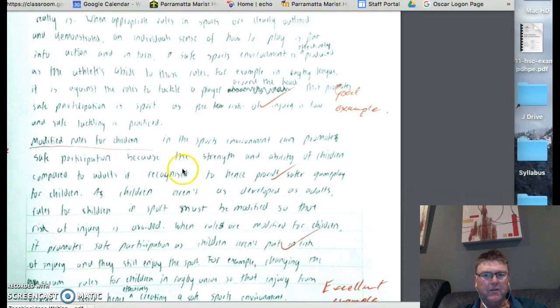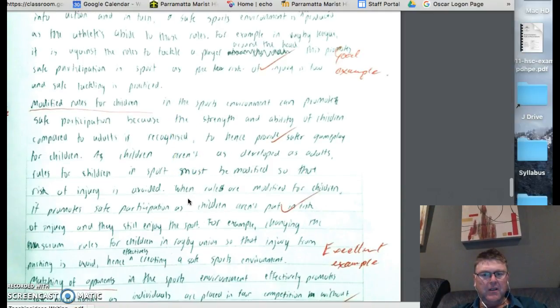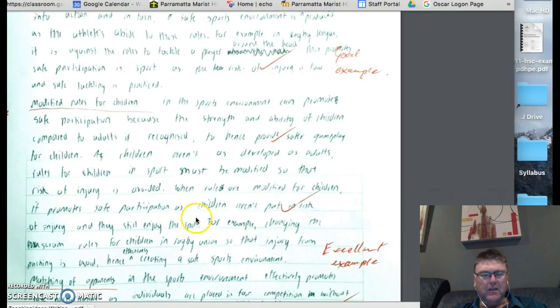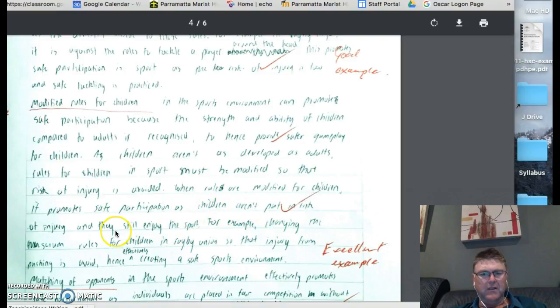If we find this one here with regard to modified rules for children, it promotes safe participation as children aren't put at risk of injury. They still enjoy the sport. For example, changing the scrum rules for children in rugby union so that injury from pushing is avoided, hence effectively creating a safe sports environment.